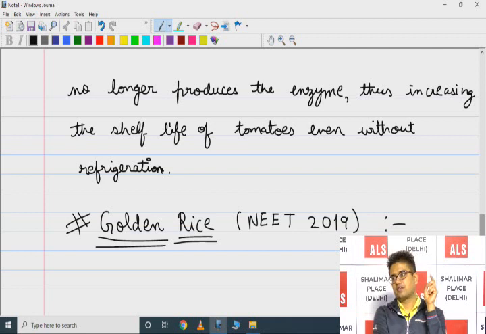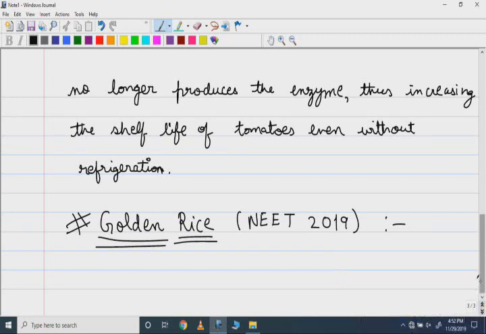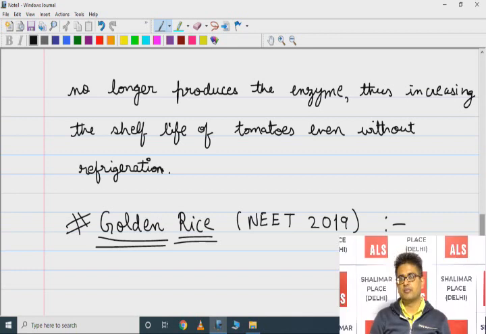Carotene. But can you tell me, do carrots contain vitamin A or not? You must have heard of Bugs Bunny, and there are so many cartoons which always keep eating carrots.